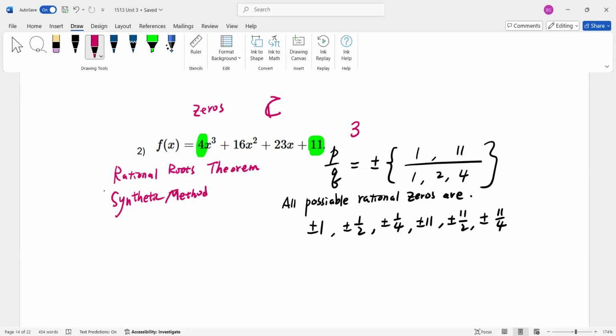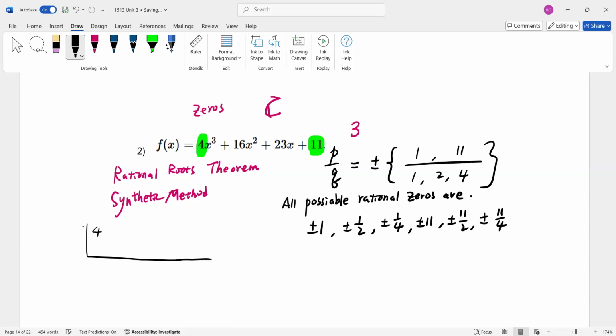Firstly, you need to make sure the polynomial function is in the standard form. Very, very important. Let's look at the polynomial degree 3, 2, 1, 0. Okay, it is in the standard form. And then we take the coefficients of the terms in the standard form of the polynomial.